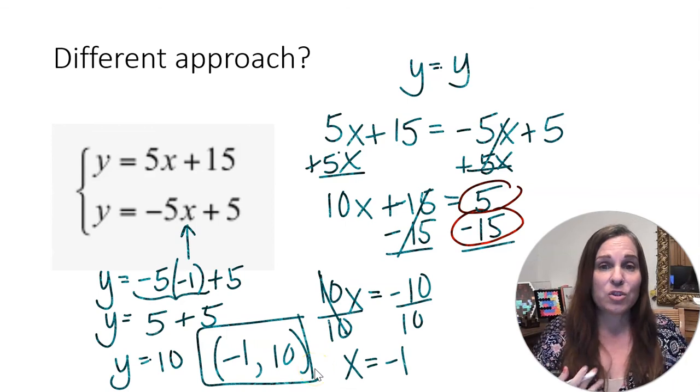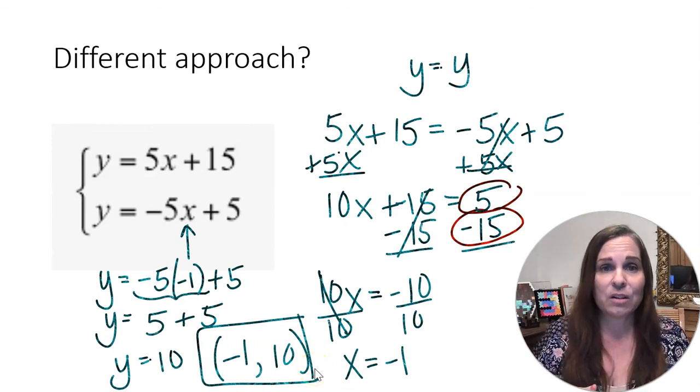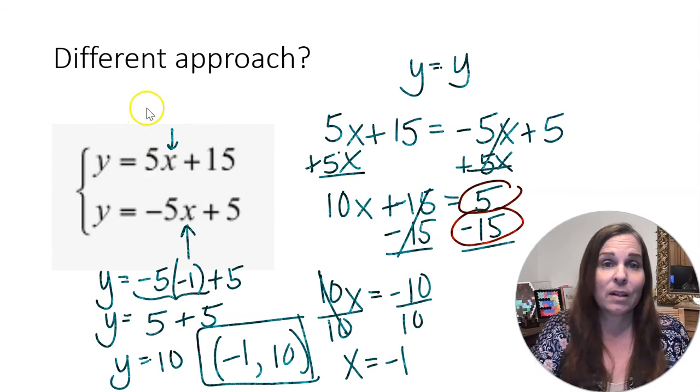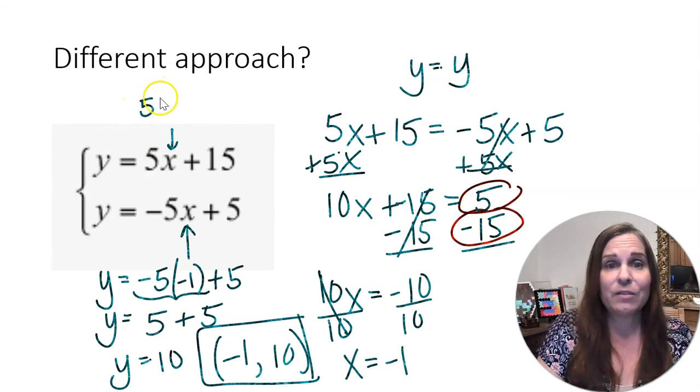Now, I chose to plug my x value into the second equation. Could I have plugged it into the first one? Sure. That would be 5 times negative 1 plus 15. 5 times negative 1 is negative 5.